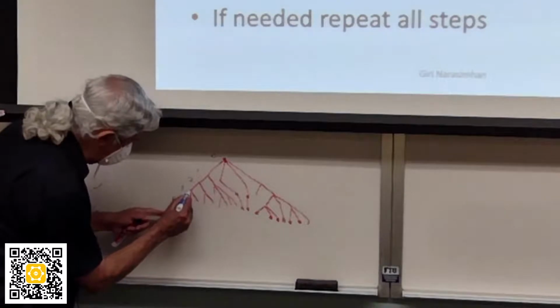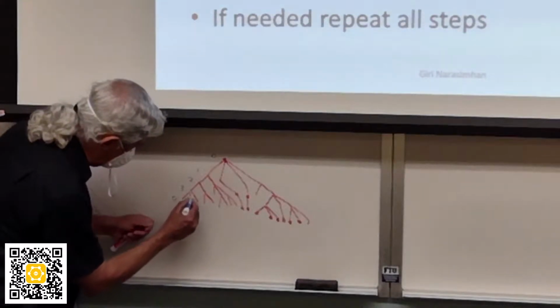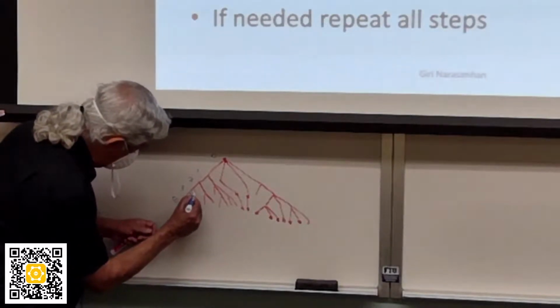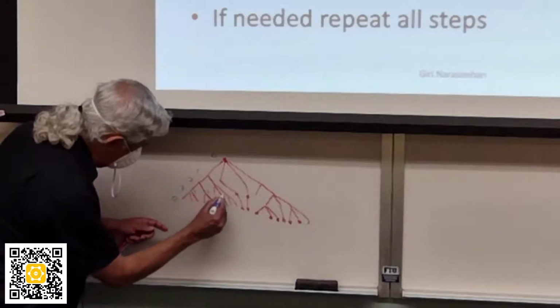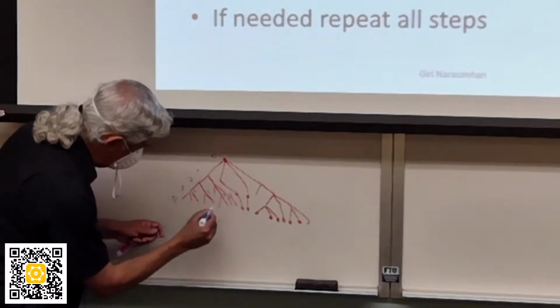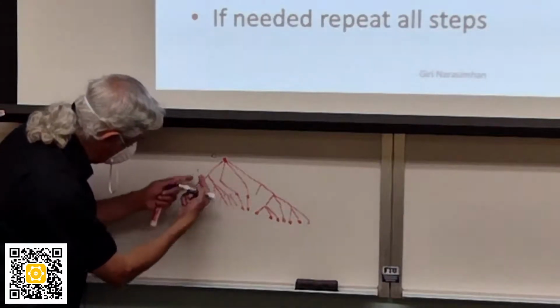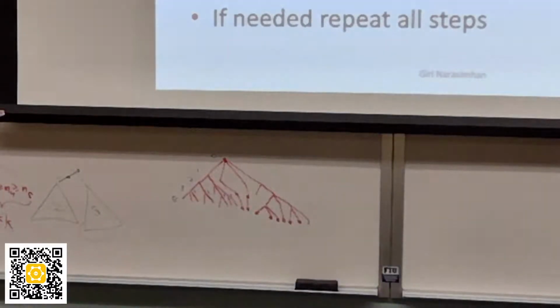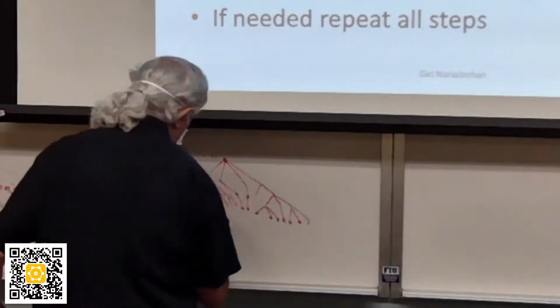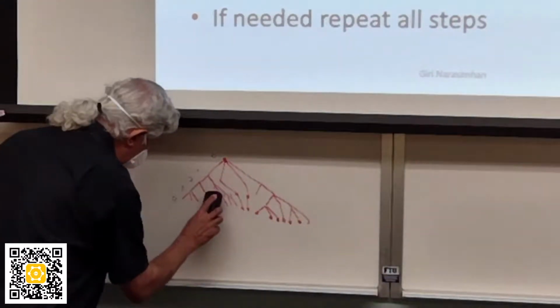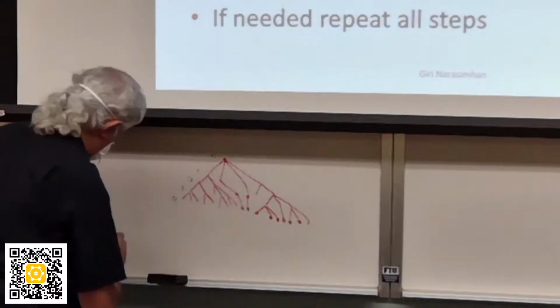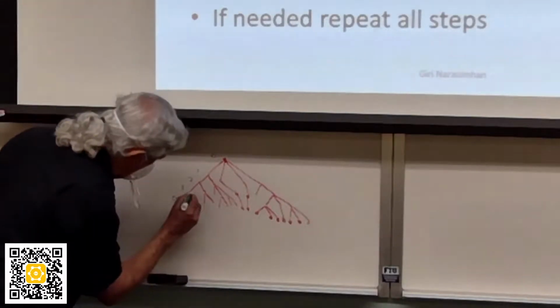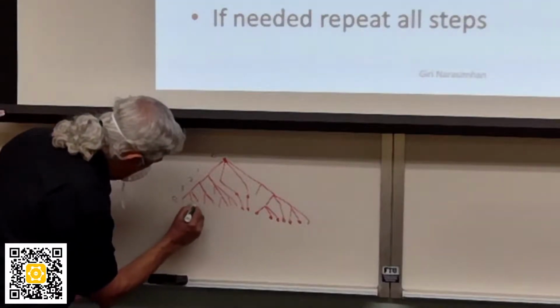So at this point, I know that I have 3 vertices, right? Here I have 2, here I have 2, here I have 2, then here I get 3. So let me use a different color, unfortunately, otherwise I'll mess up. Okay, so here I have 1, 1, 1, 1, right?